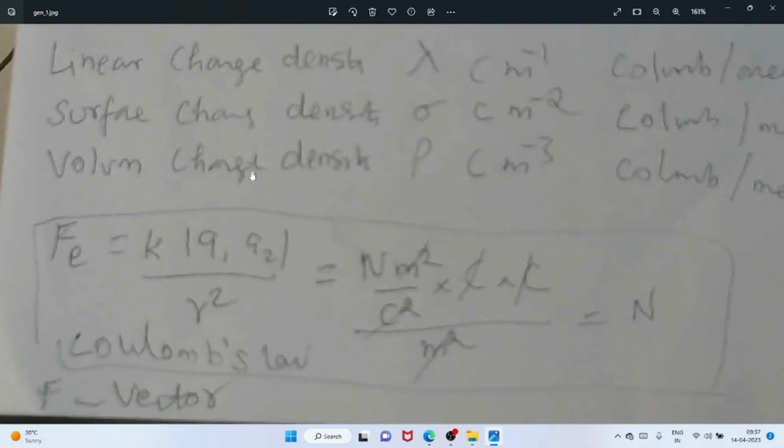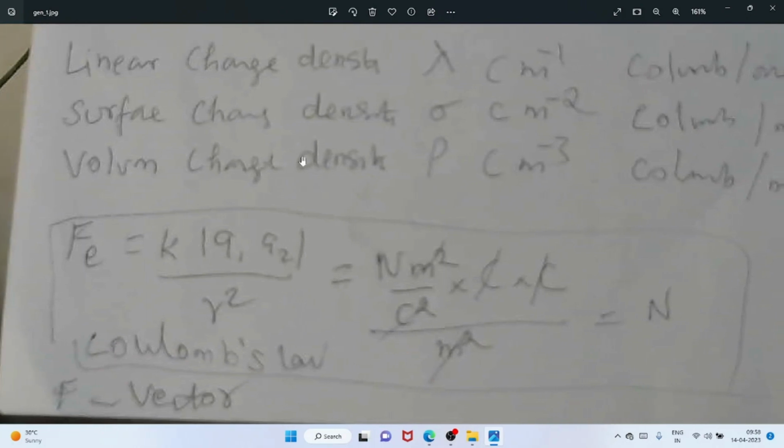Now let us say you want to find out the unit for Coulomb's formula. Electric force equals K Q1 Q2 by R square. The K is a constant, Newton meter square per Coulomb square.